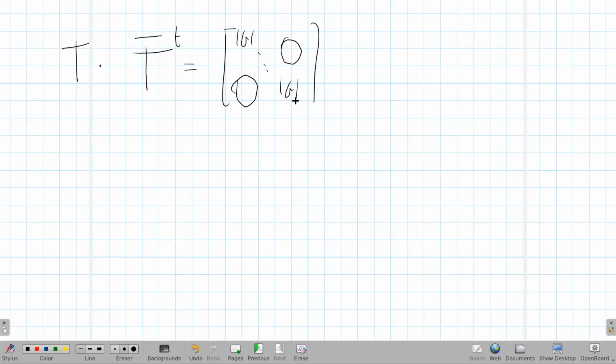But this means that, apart from the factor 1 over the order of G, this is the inverse of T. Or if you wish, these matrices are invertible, non-singular, because their product is an invertible matrix. And of course, if their product is this, then you can conjugate, and the product in the other order is the same.